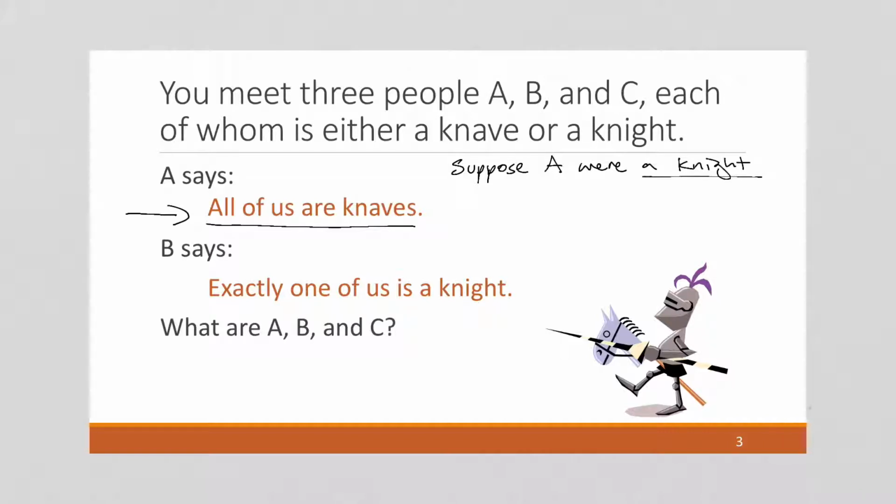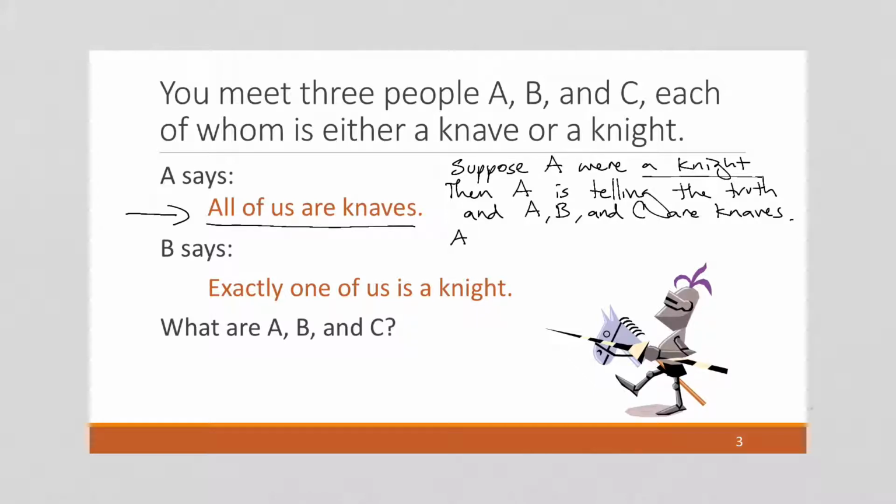I'm going to write that a little bit more formally. So suppose A were a knight, then A is telling the truth, and A, B, and C are knaves, because that's what A said.